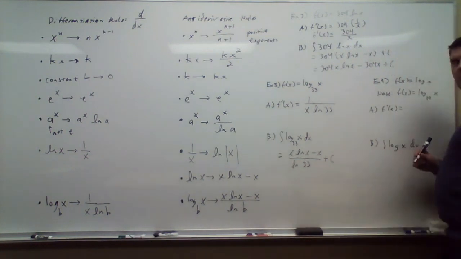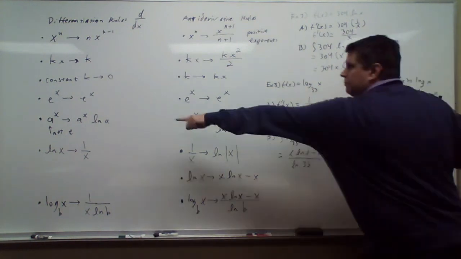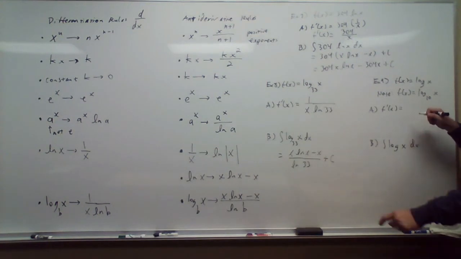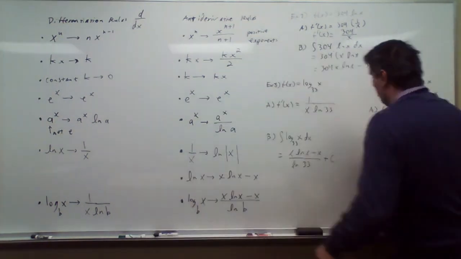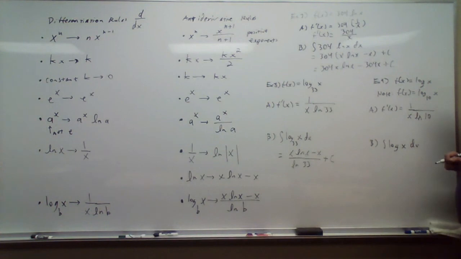Okay? Over here we're doing the common logarithm. If you don't see a base, you should assume it's 10. So the derivative rule will be 1 over x natural log of 10. Okay, and I'm done with that one.